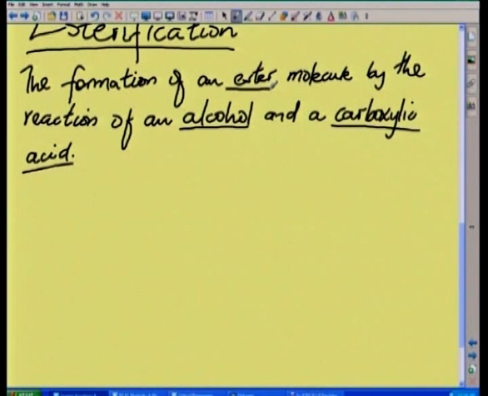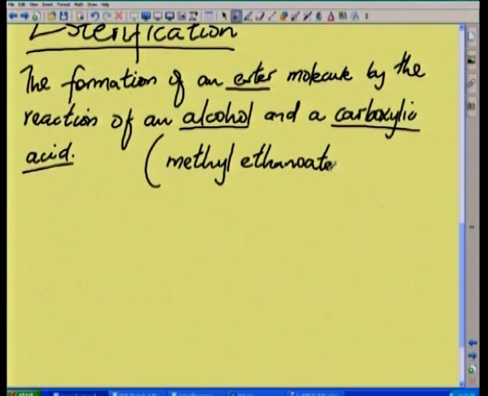Say we have this ester formed. Say we have methyl ethanoate. Now remember from the functional group lesson that we spoke about these terms here.